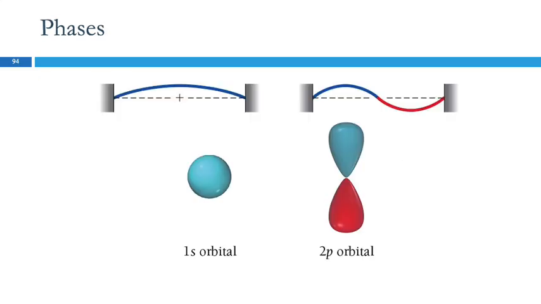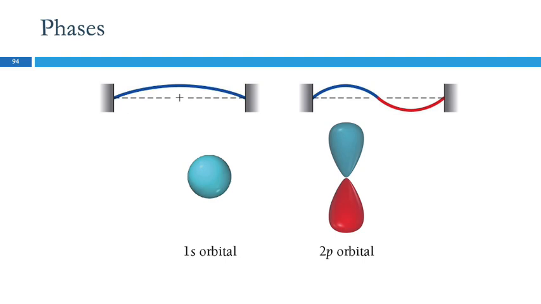So this is illustrating the phase of an s orbital and a p orbital. The p orbital is a little easier for me to understand because this looks a lot like a standing wave, right? One of the lobes has a positive phase and the other has a negative phase. And so the p orbital of one atom can overlap with the p orbital of another atom, and depending on the phase, they might have constructive interference or destructive interference.